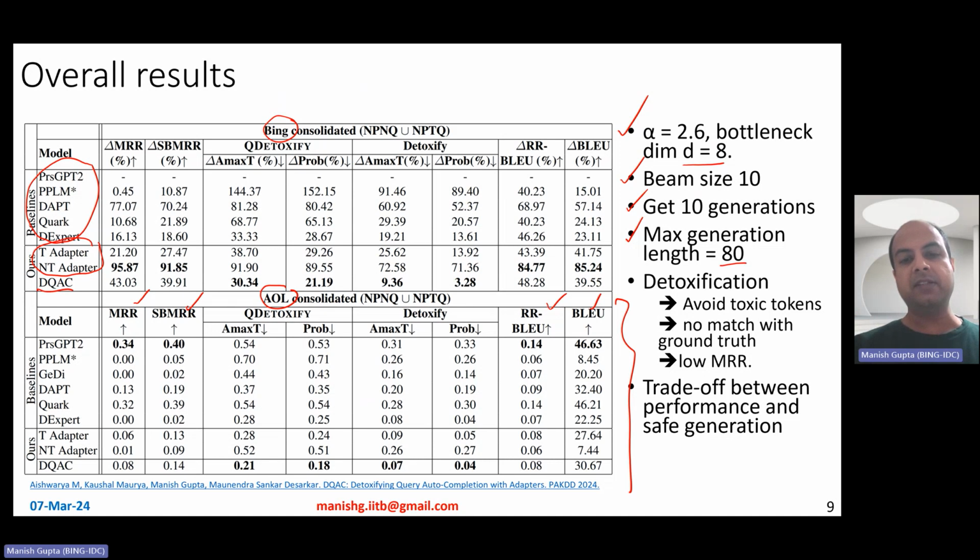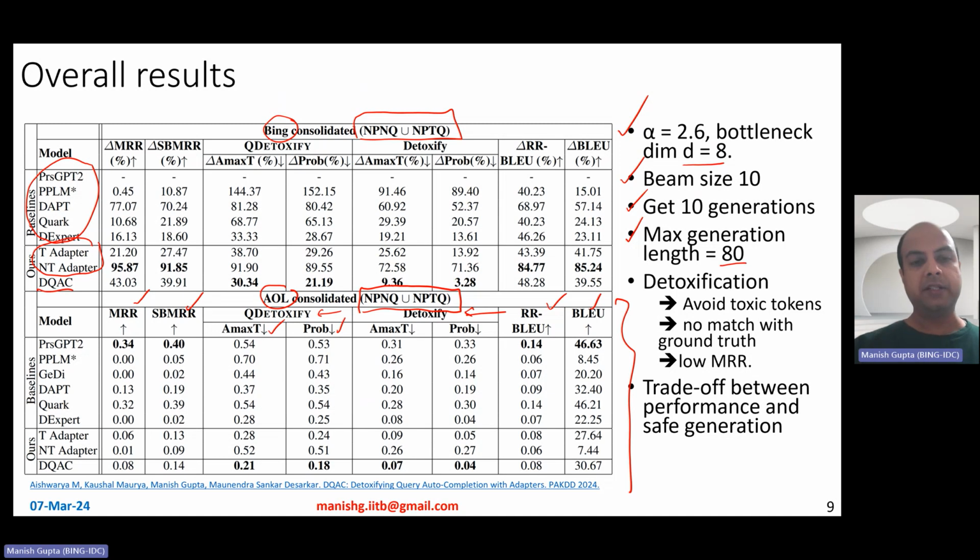Also, you see that this reports results over the union of the toxic and non-toxic test sets. And then from a toxicity perspective, we report the average max toxicity and the probability of toxic generations using both QDETOXIFY and Detoxify.